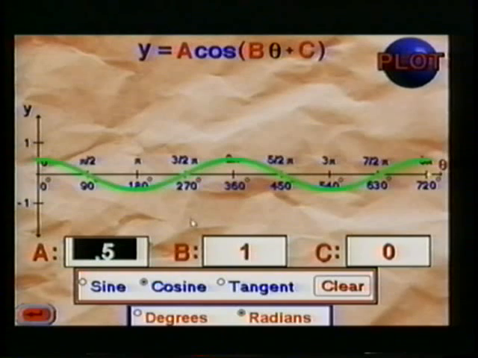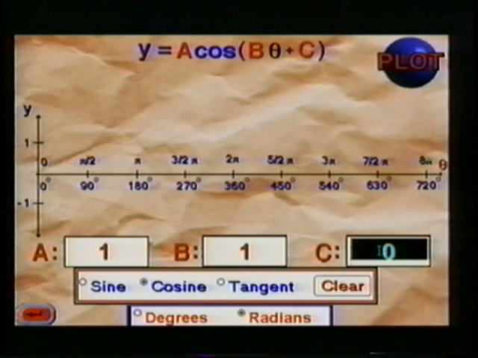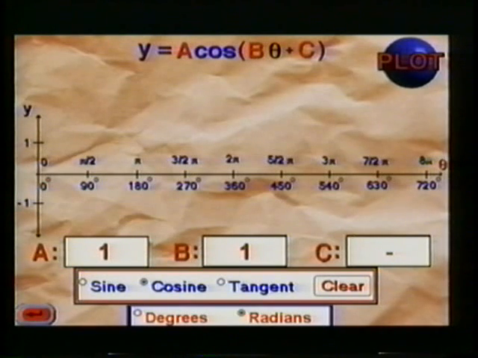Now let's do a phase shift on this. So we're going to leave this at 1, and for the phase shift, I'm going to put in a crazy number. You say, where am I getting this number? Negative 3.14. Do you recognize that number? That's negative pi.